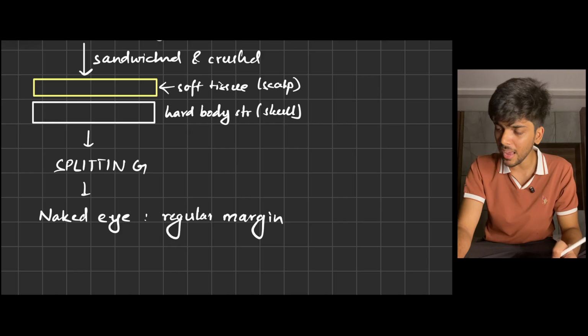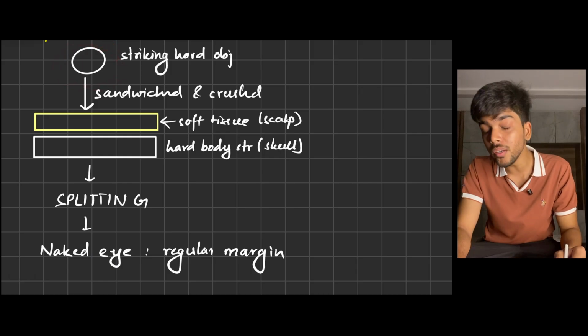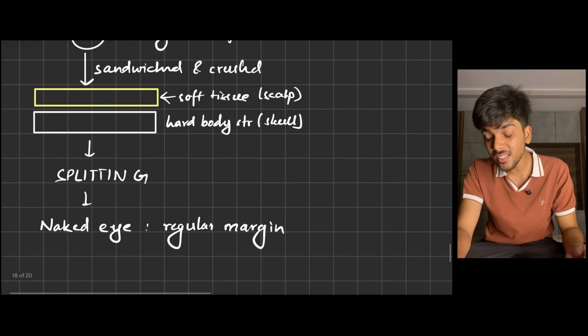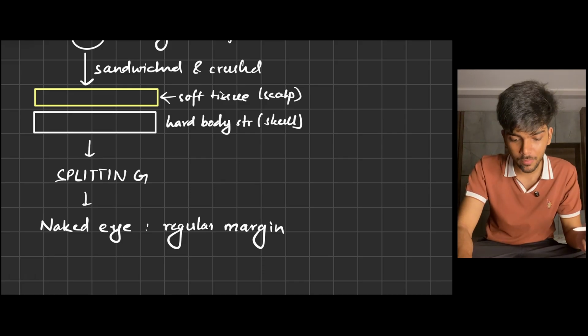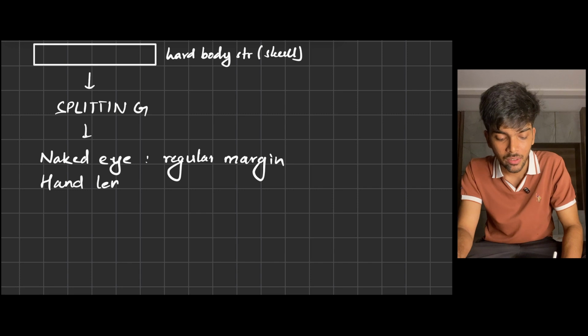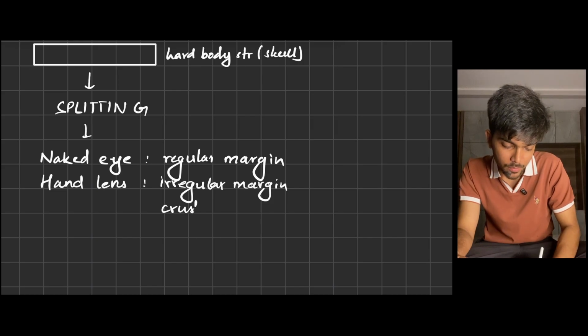That means, is this an incision? No, because the injury is as a result of a blunt force. So it is laceration. But then the margin seems to be regular to naked eye. But when you actually go ahead and use a hand lens, you can appreciate the irregular margin. You can appreciate the crust base.